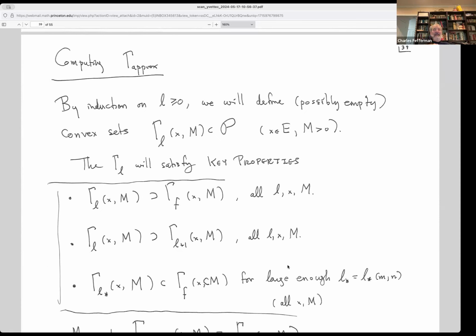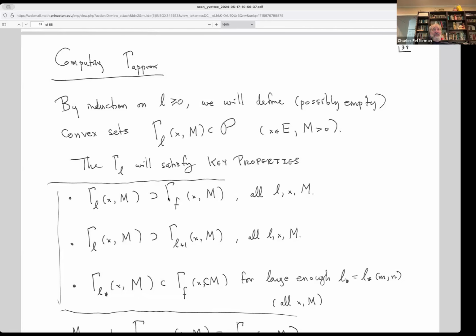And the gamma L will satisfy three key properties. By the end of the talk, the first two will be completely obvious to you, and the third, unless you've thought about the subject, will not be completely obvious.